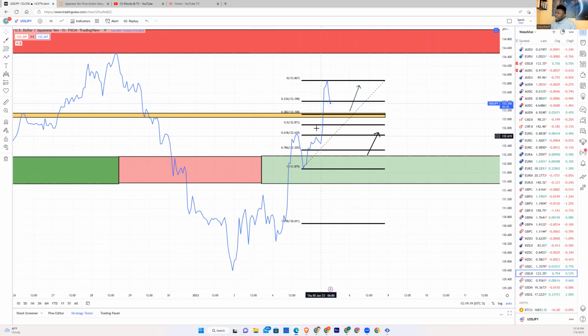So in most cases, you're going to see reversals between 0.618 and 0.5. So we could be seeing the market pretty much reverse from here. And we'll see how this looks like. So we might be seeing the market reverse from there.